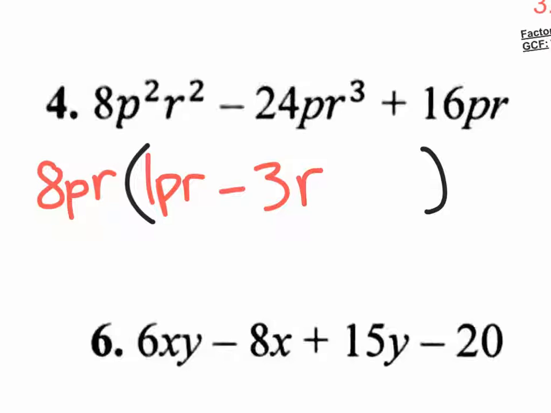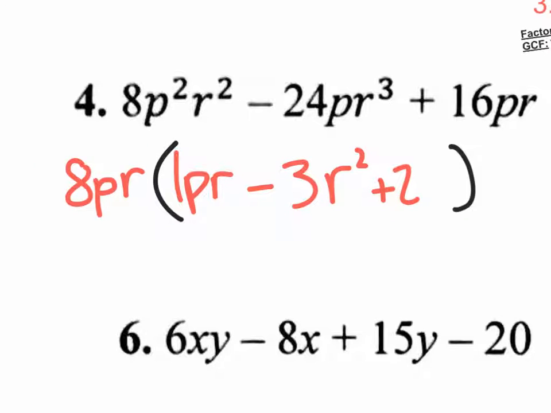R times r squared gets us r cubed. And last but not least, 8 times what gets us 16? That would be 8 times plus 2 gets us 16. Okay, and then the p times what gets us p? It's already there. The r is already there, so you don't have to worry about doing that last term. So there's your factored form, and the GCF happens to be 8pr.